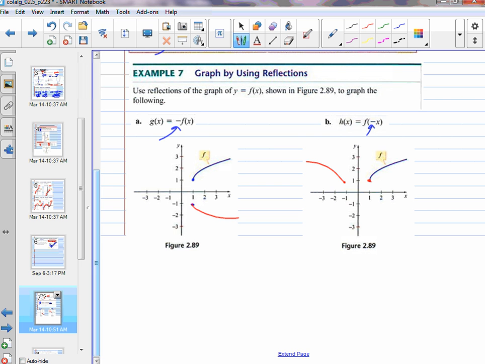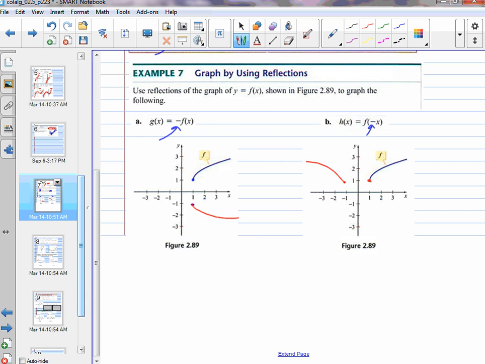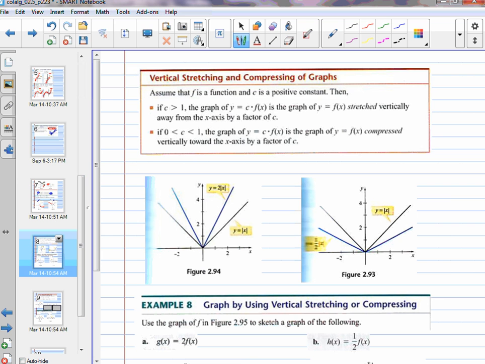So now we have all these individual things that we have done. And there's more. If I multiply, and you learned this in Algebra 2, if I multiply a number by a function, if that number is bigger than 1, it has stretched vertically.